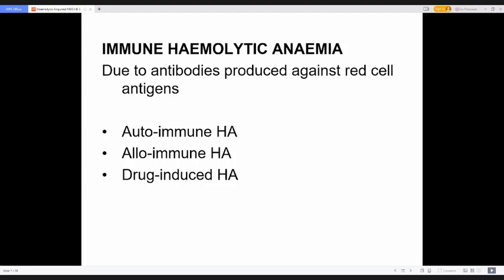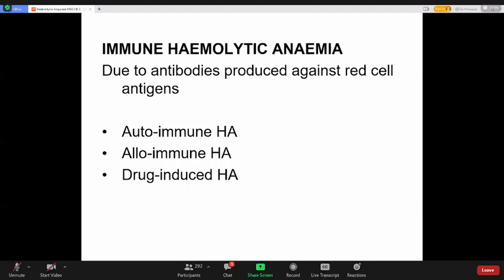And then if the body produces antibodies against these drugs that are attached onto the red cells, then antibodies are produced to the drug, but because the drug is attached onto the red cell, the red cell is destroyed. Okay, so this is different from the drugs that will induce an autoimmune antibody, right?